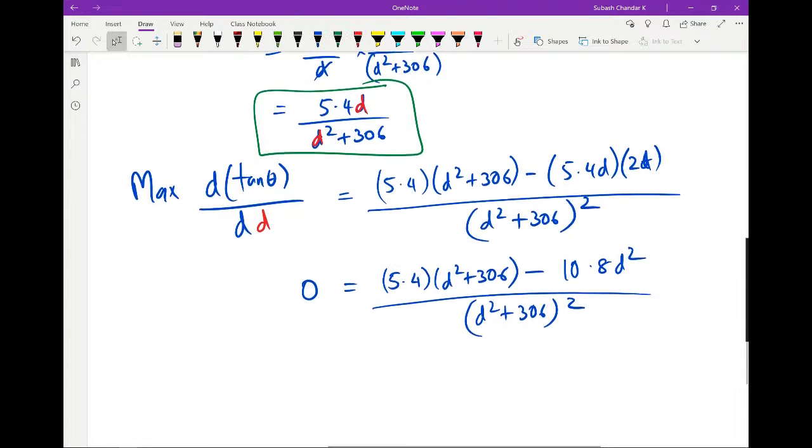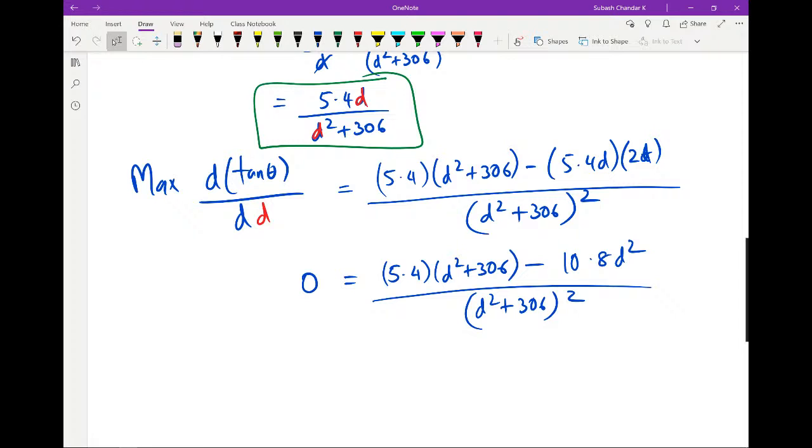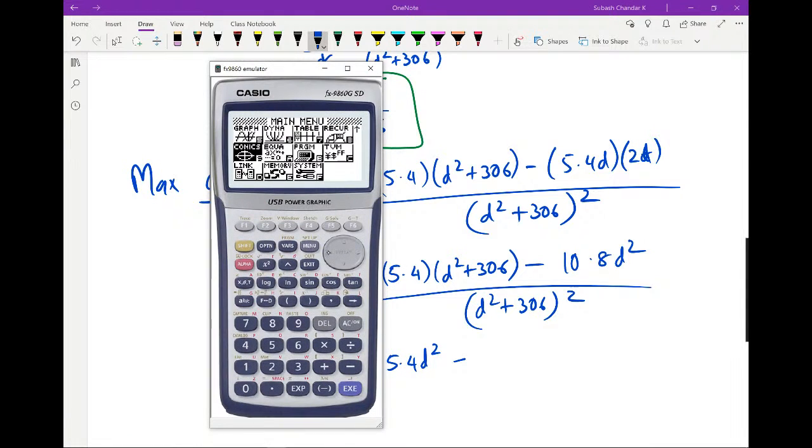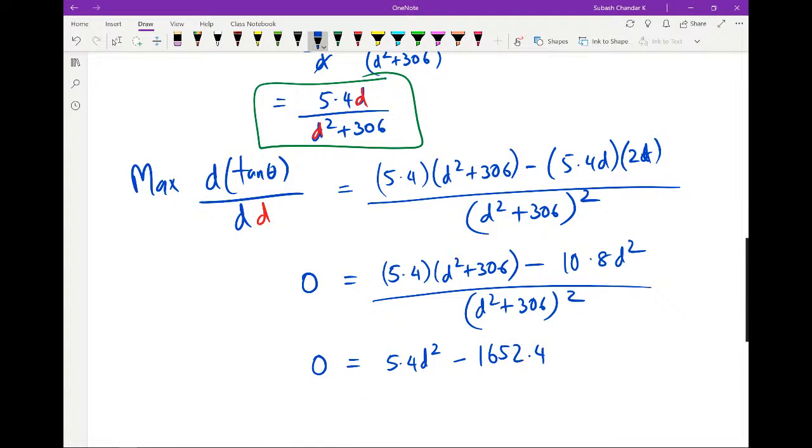Because multiplying the denominator by the 0 on the other side gives 0, we're left with 0 equal to 5.4 d squared minus 5.4 times 306, whatever that is, minus 10.8 d squared.